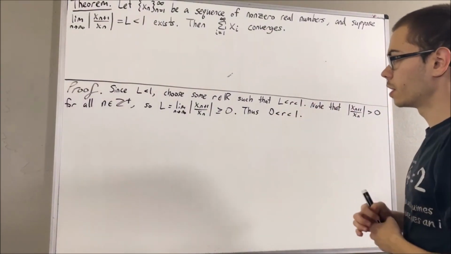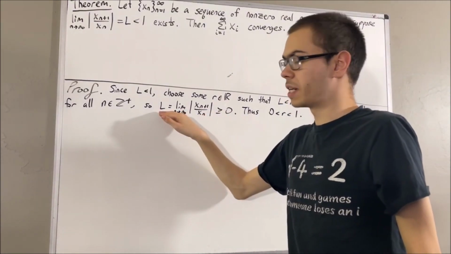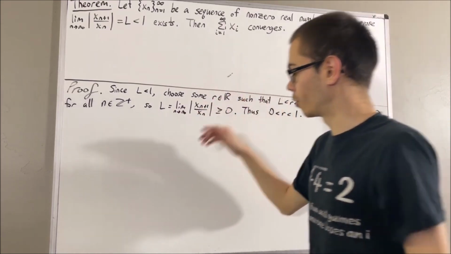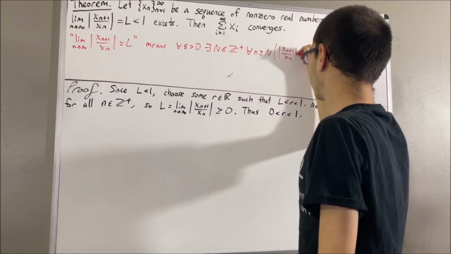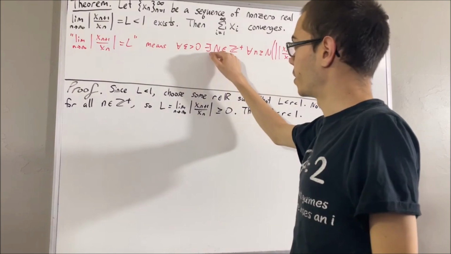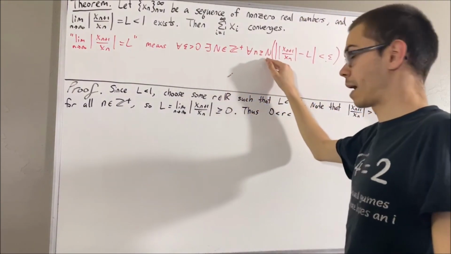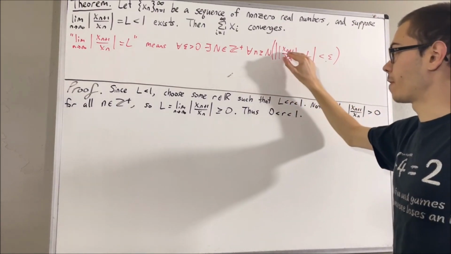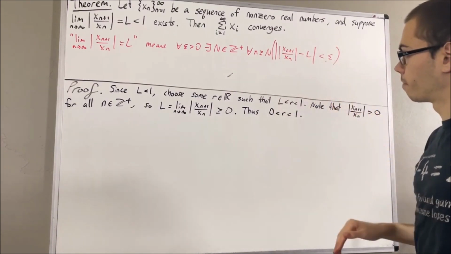Now, since this sequence converges to L, well, by definition of convergence, what does that mean? Well, it means the following. It means for every epsilon greater than 0, there exists a positive integer capital N, such that for all n greater than or equal to capital N, the absolute value of xn plus 1 over xn minus L is less than epsilon.